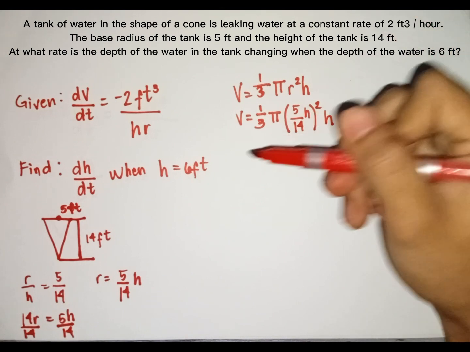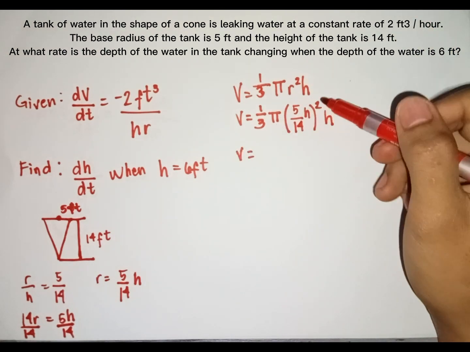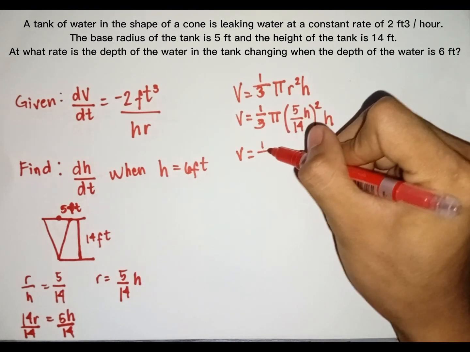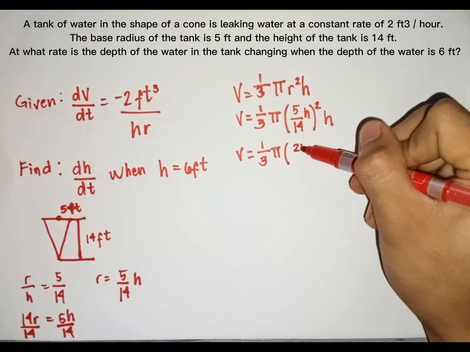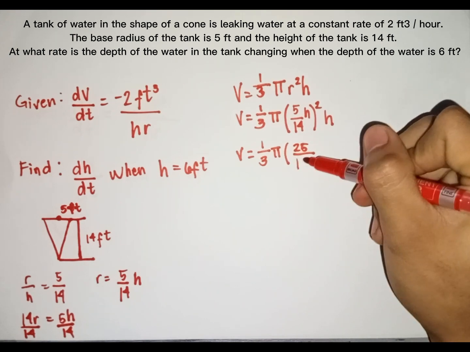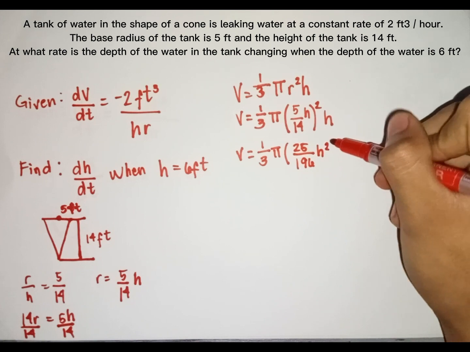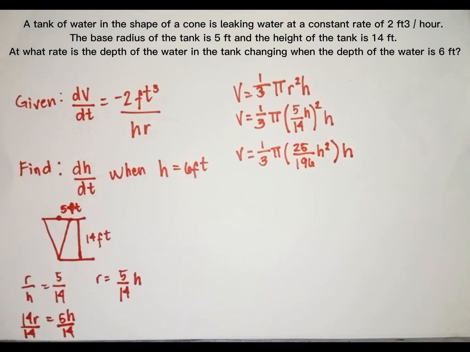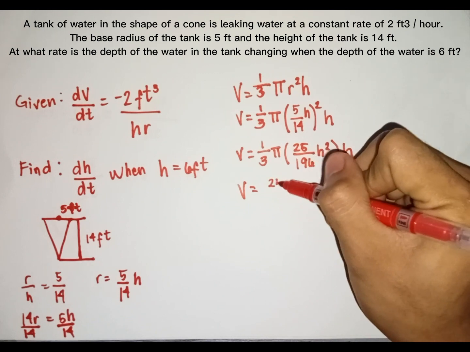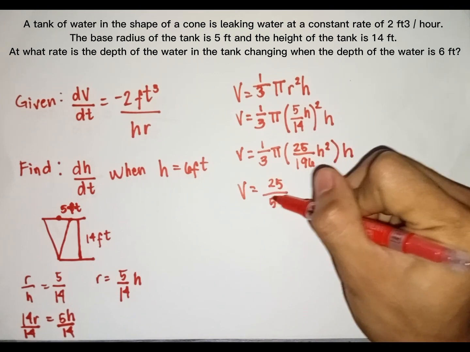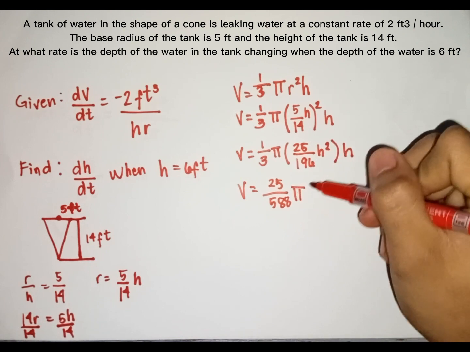At this point, we simplify this equation. V is equal to 1 over 3 times 25 over 196 h squared times h. And we've got V is equal to 25 over 588 pi h cubed.